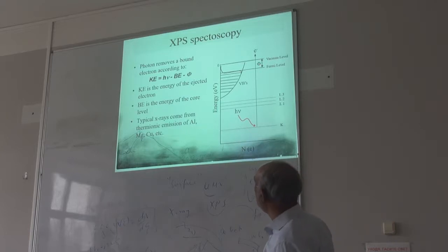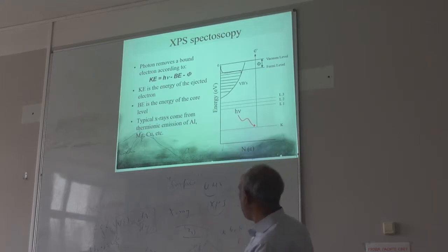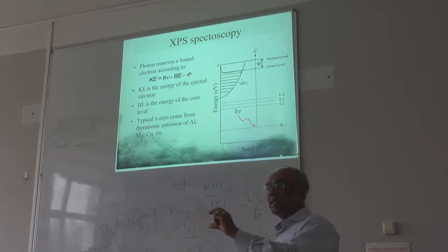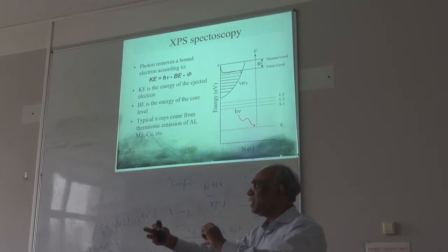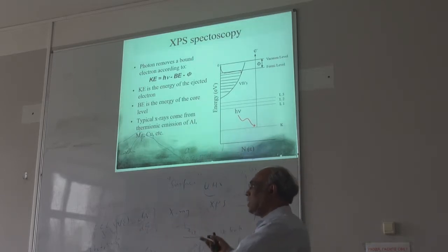Right? But why do we know what that kinetic energy is? We have the energy of the incoming photon, that's the X-ray photon. Then the electron has a binding energy. It has to overcome that binding energy. Then the rest is the kinetic energy.